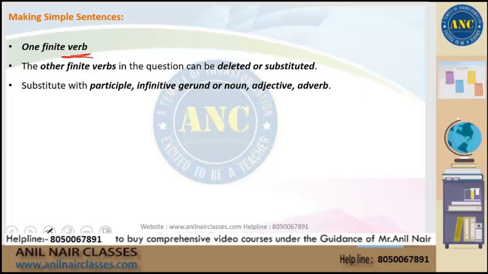It is a verb that has a subject and can function as the independent clause. If it contains one finite verb, the other finite verbs in the sentence can be deleted or substituted. They can be changed. You can substitute them with a participle, infinitive, gerund, a noun, an adjective or an adverb.